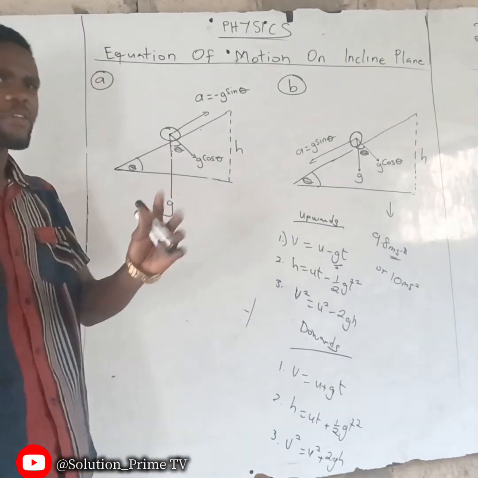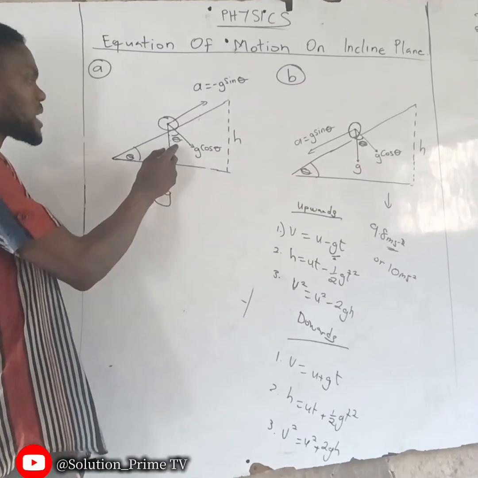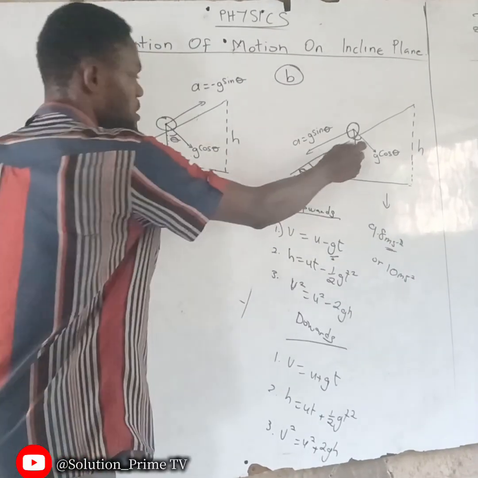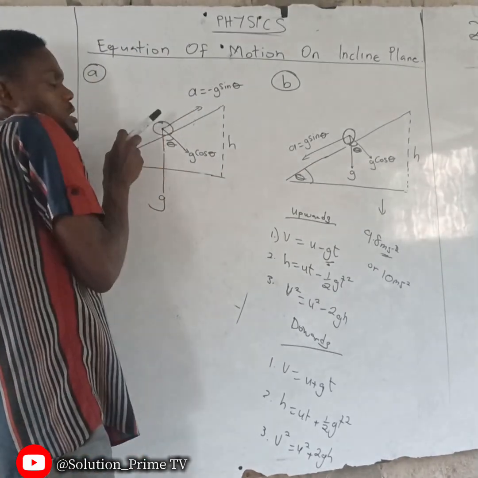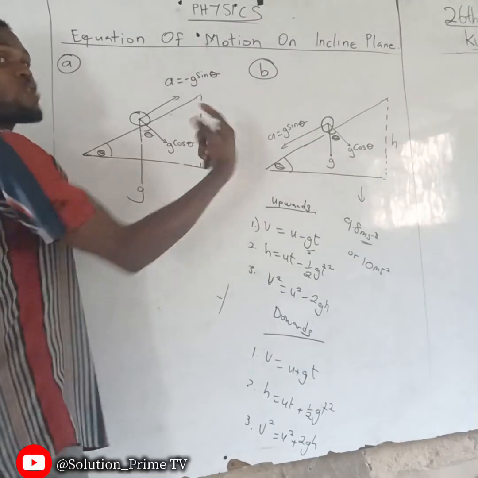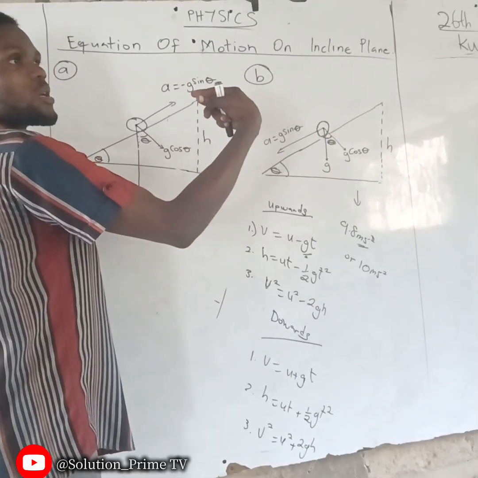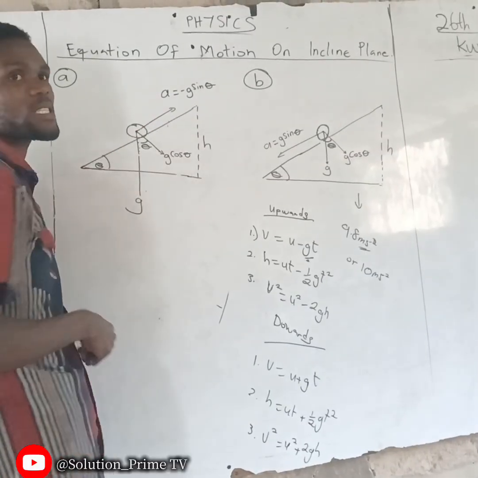Okay, here's how we will tackle this problem. Right now, we know that this angle is equal to this angle. The body is moving upwards. The arrow here is telling you that the body is moving upward. If the body is moving upward, then it will experience what? Force of gravity. So this means that you are going to get negative.